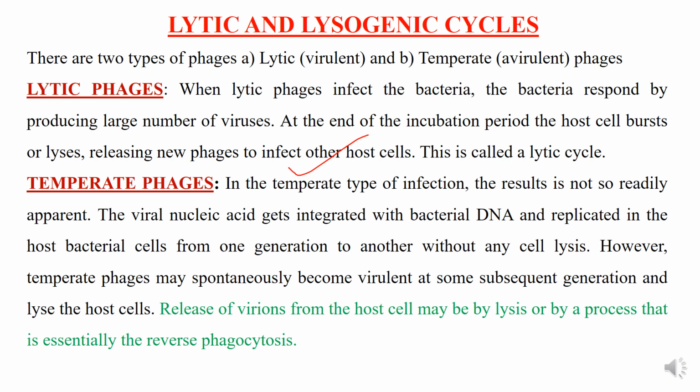The release of virions from the host cell happens either by lysis or by reverse phagocytosis. What is reverse phagocytosis? It is the movement of solid molecules to the outside.